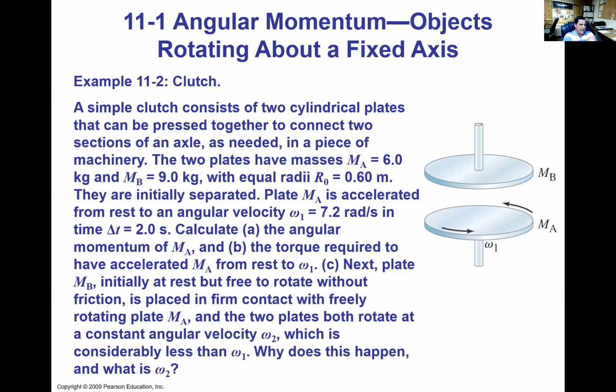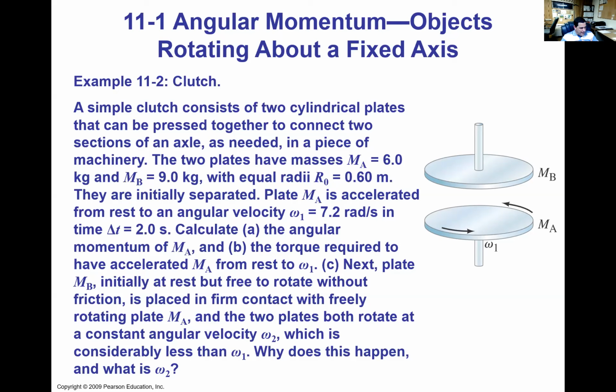Then plate A, which is rotating, will come into firm contact with plate B, and the two plates will then rotate at some constant angular velocity after they come into contact. So it's going to be less than the initial angular velocity of 7.2 that A has.